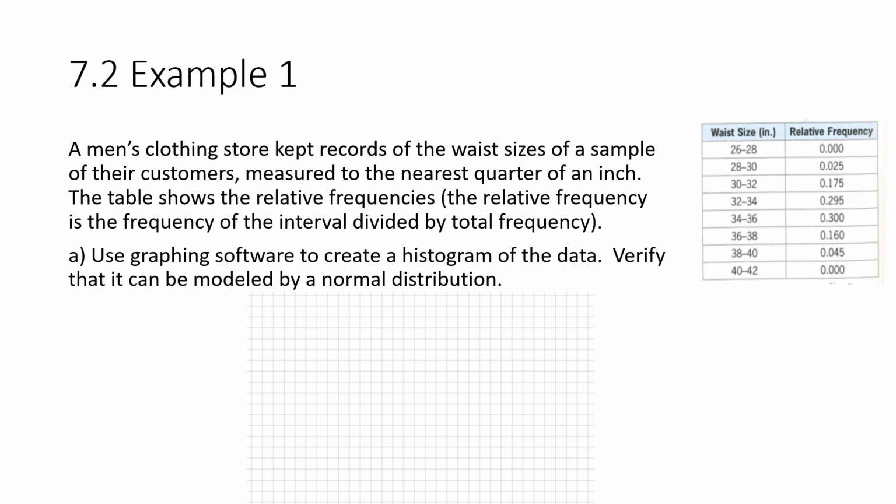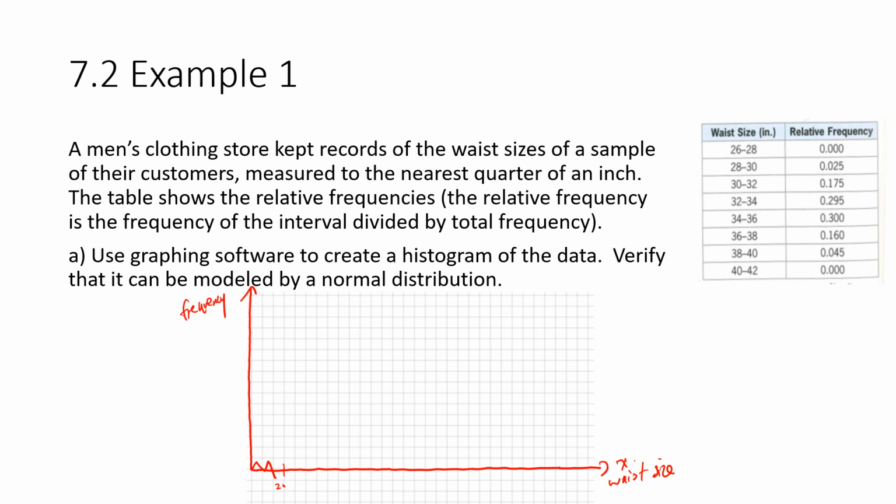All right, so here we can make a histogram of the data. All right, so here we have frequency or relative frequency, and our data value x is the waist size, or random variable rather.